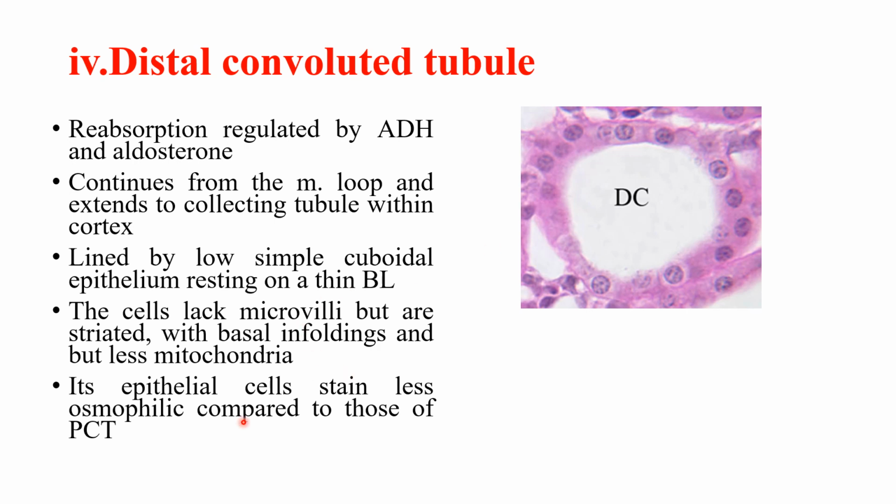Its epithelial cells stain less osmophilic compared to those of the proximal convoluted tubule, and when you are looking at the diagram of the cortical labyrinth, you can easily appreciate the two, the distal and the proximal, having the same outer diameter, but the proximal convoluted tubule has fewer nuclei as compared to the distal convoluted tubules per profile.